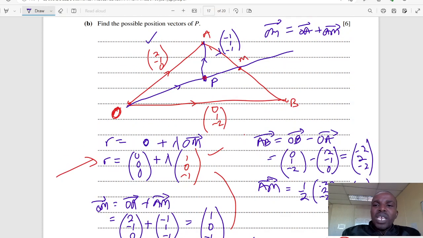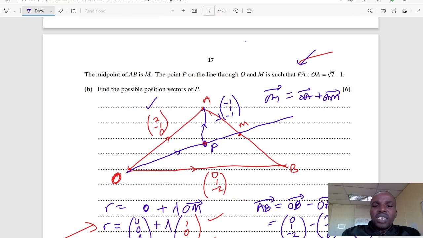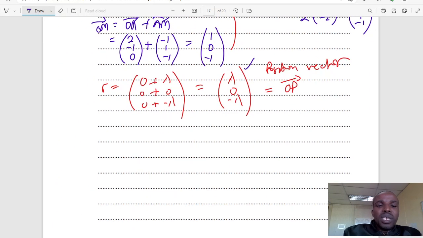PA is PO plus OA, which is OA minus OP. So PA is OA minus OP, done.